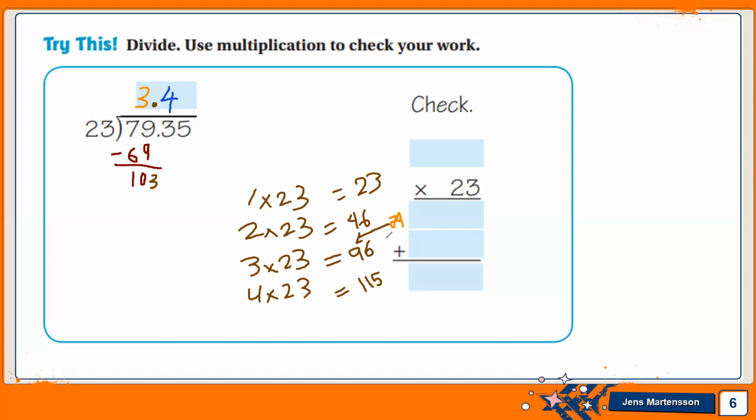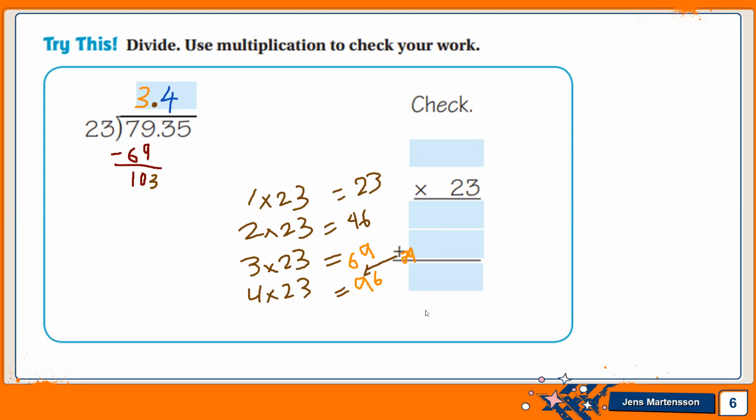Just a minute, please. Here it's 69, and here it's 92. So 79 is between these two numbers.